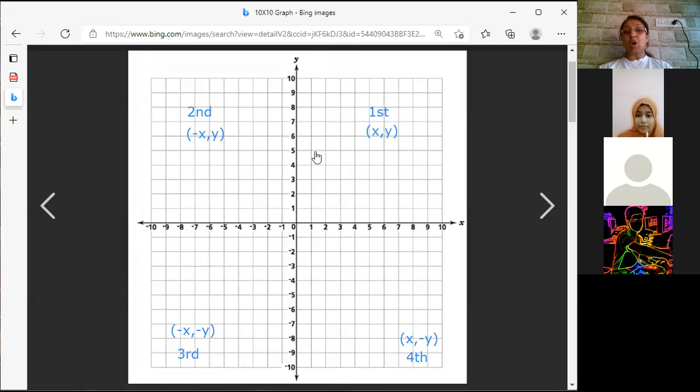Yes. (3, 4). Tell me where is it going to come? First quadrant, second, third, or fourth? First quadrant, because I'm talking about (3, 4), where 3 is positive and 4 is also positive. That means my x coordinate is positive and my y coordinate is also positive.